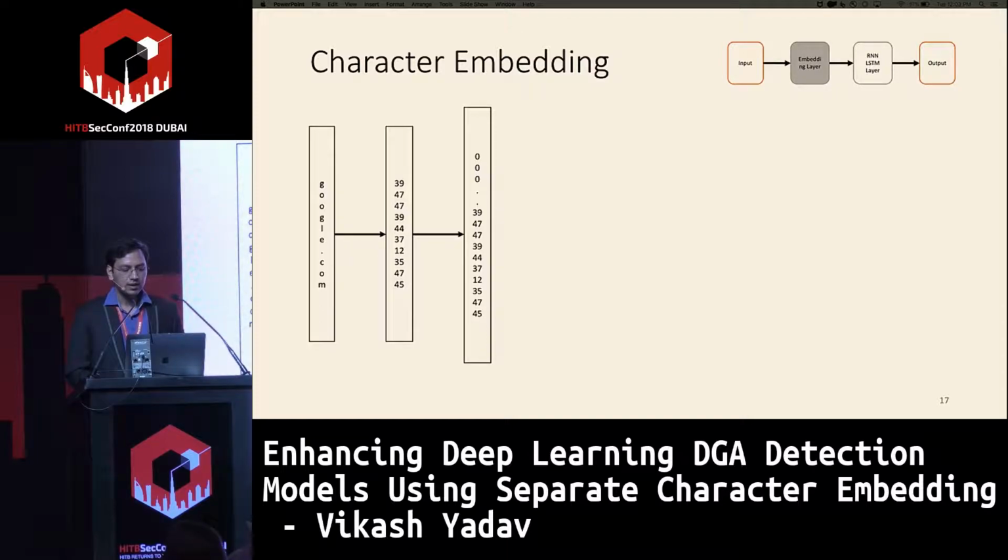However, this integer sequence is a one-dimensional input. It doesn't have any contextual information. A character represented by the digit 5 versus a character represented by the digit 6 doesn't mean that those are close to one another because there is a difference of 1 unit.